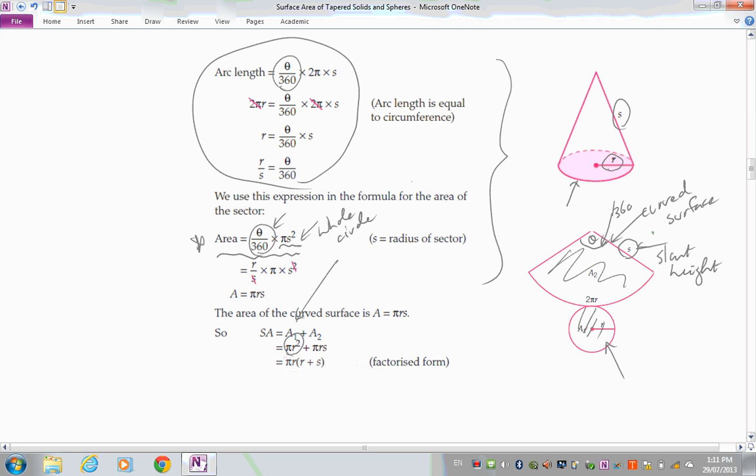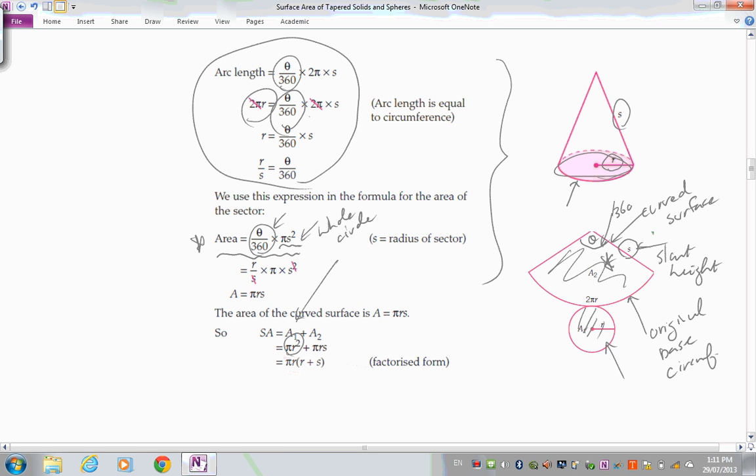So the arc length, this length here, was 2 pi r. Because back in the original circle, the radius was that, and this is the length of the original base circumference there. Okay, so that's 2 pi r, which is, of course, a fraction, theta over 360, of the circumference of this circle.